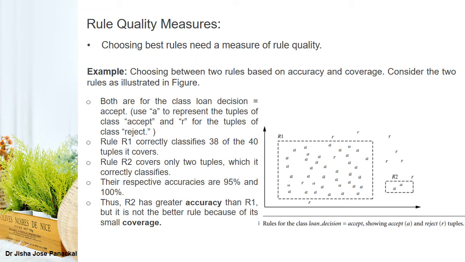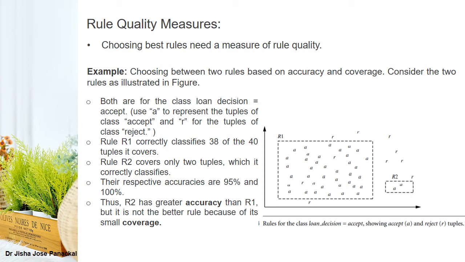Now we will see how we can choose the best rules using the measures that we have already discussed, that are accuracy and coverage. We will see one example. Consider the two rules as illustrated in the figure. We have two rules R1 and R2, which are separated using the dotted lines.